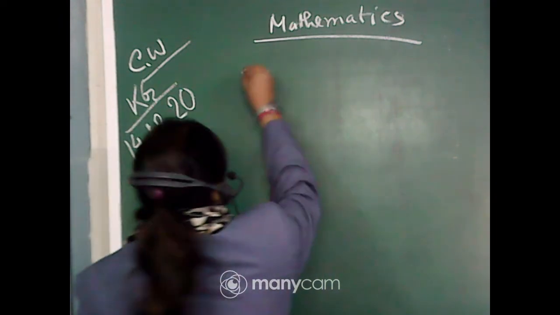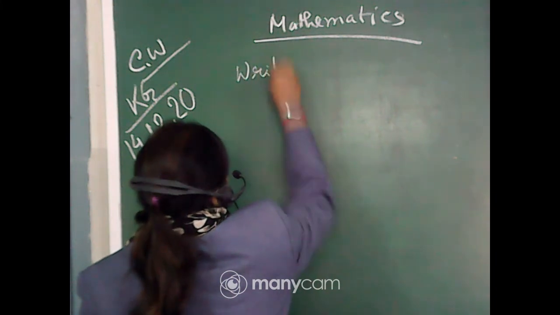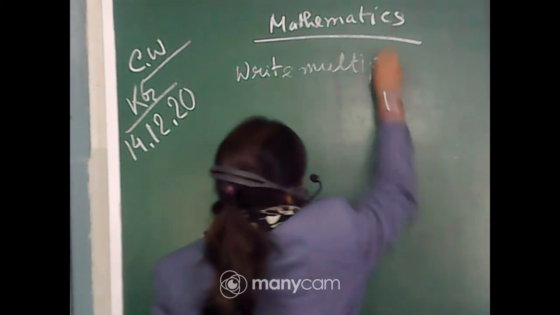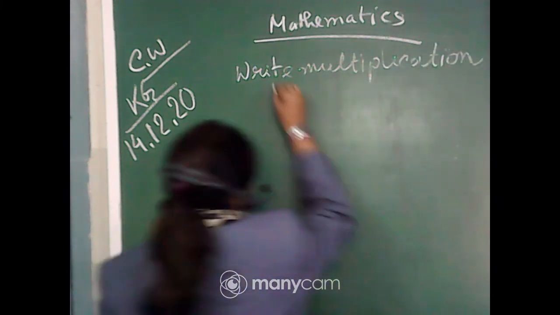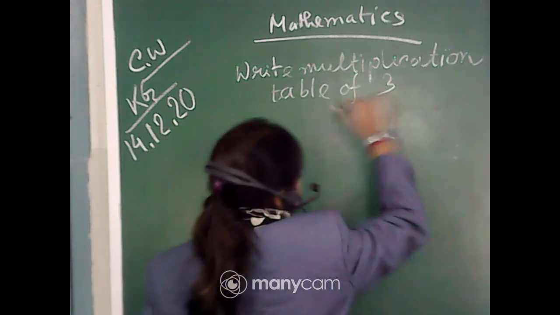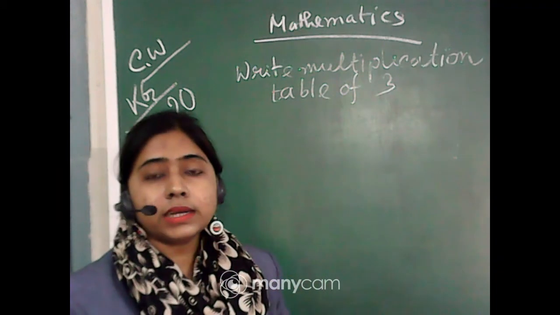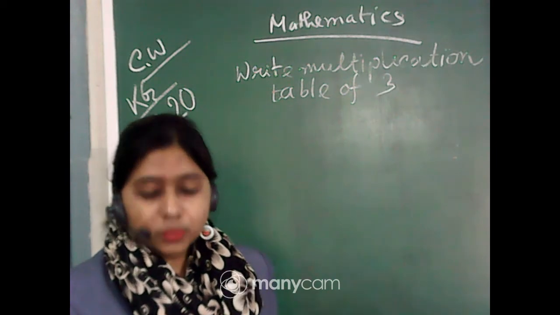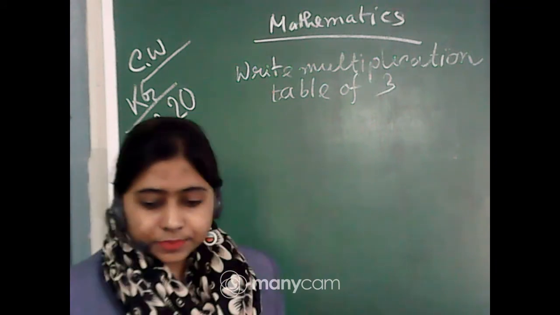First we will write the multiplication table of 3. So I'm writing on the board and you are writing on your copy with me. We are writing together.